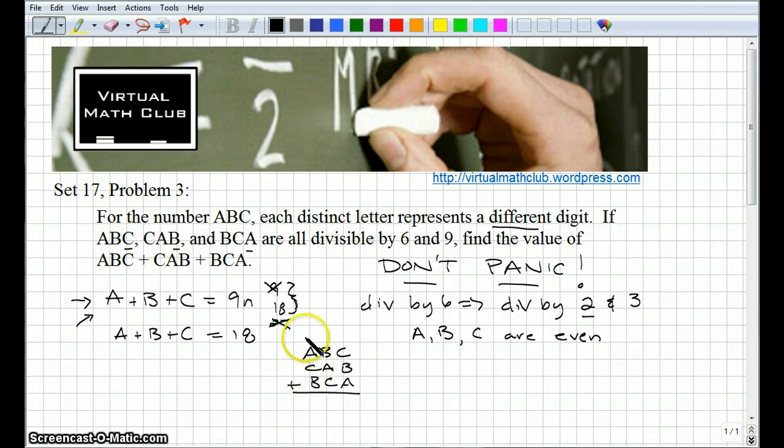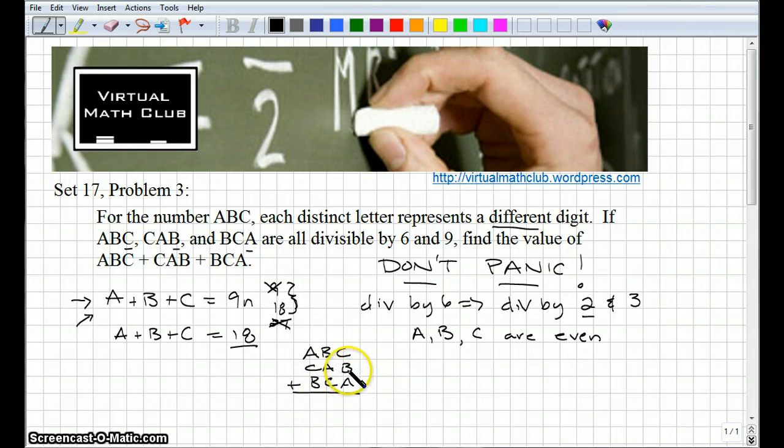If this was 2, 4, 8, and this would be 8, 2, 4, and you don't know the digits in this case, but we do know that the sum of the digits is 18. So look at the way they line up. Isn't that cool? Well, that's not so hard anymore, is it?